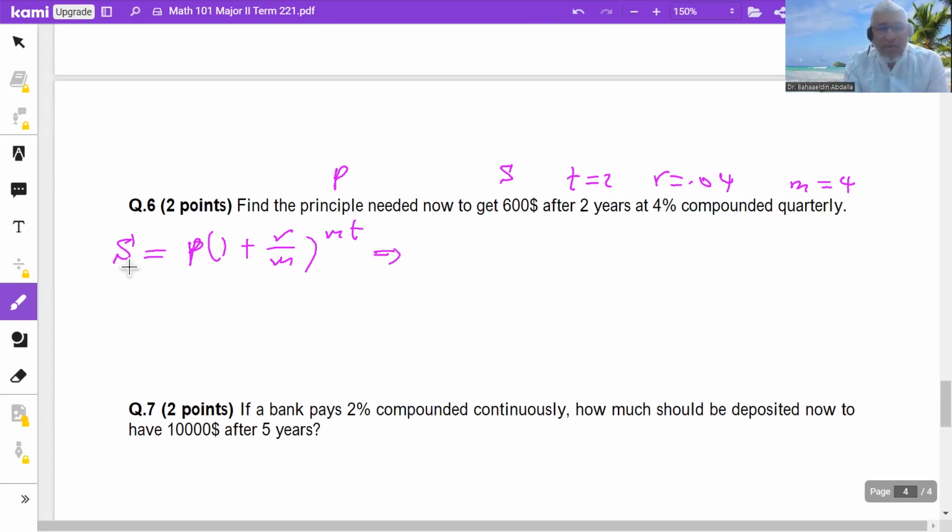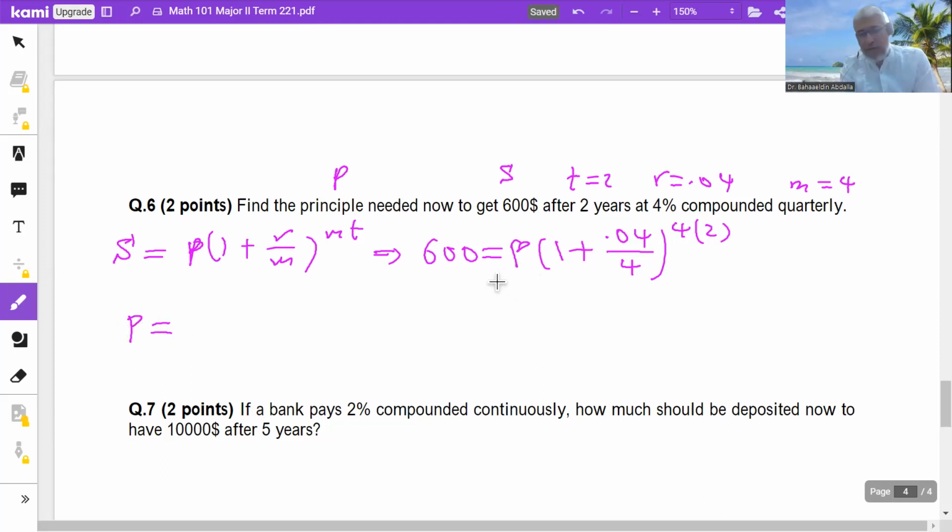So in this question, S is given, which is 600, P is needed, and we have 1 plus R, which is 0.04 over M, which is 4, to the power M times T, which is 4 times 2. And you can find the answer directly by the calculator.